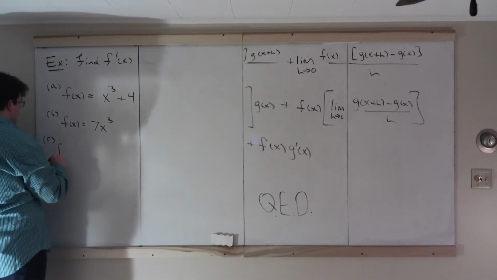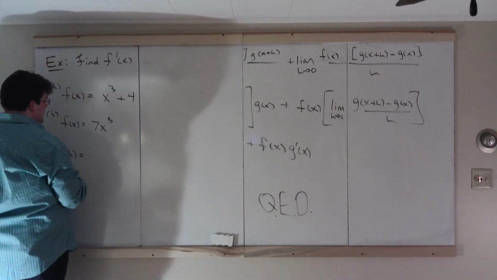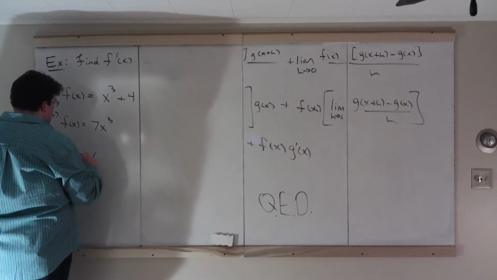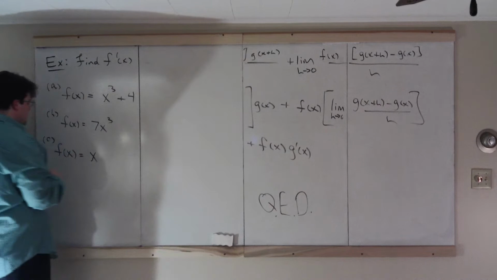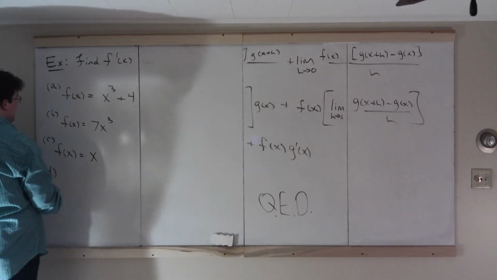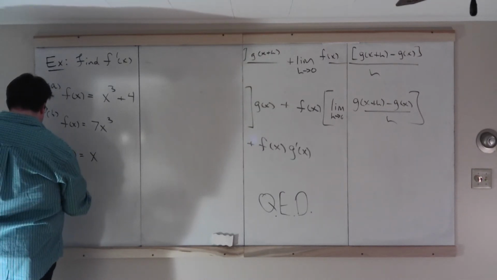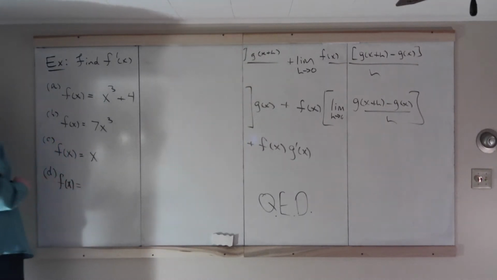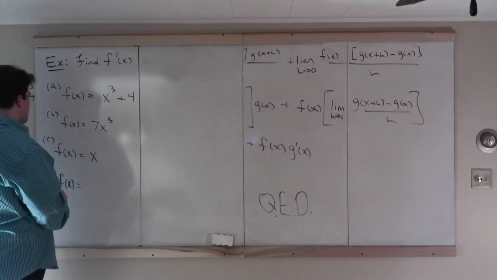Part C, f of x equals x. D, we'll probably do 7-ish examples. F of x equals, what have we done? We've done that.